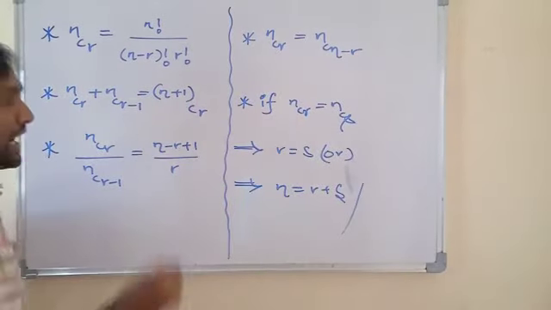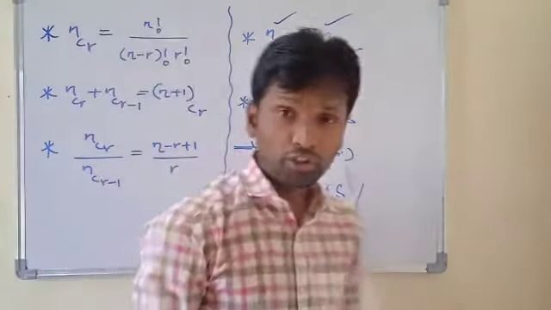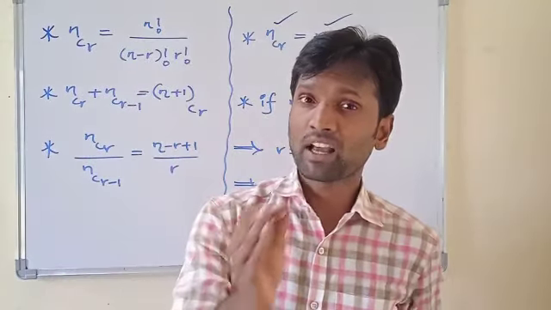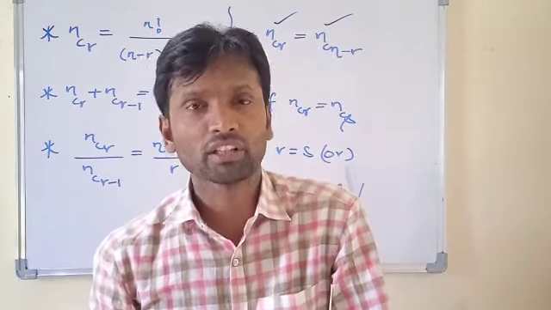In all these standard results, n is always a positive integer, because we are in the concept of the expansion of (x plus a) whole power n, where n is a positive integer.